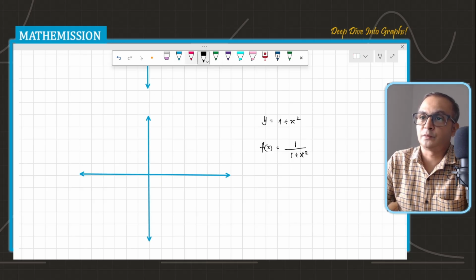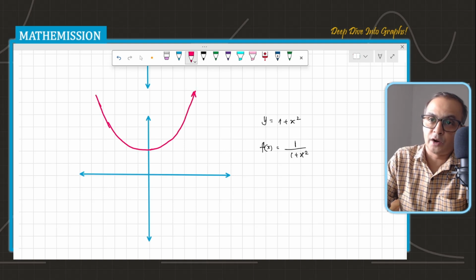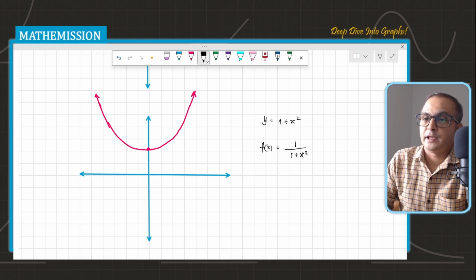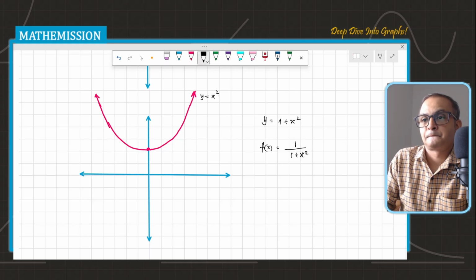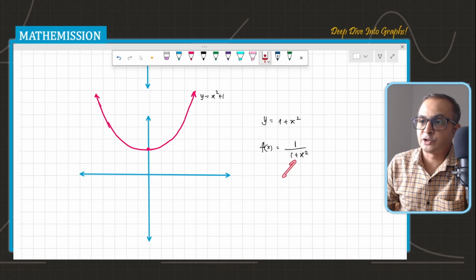You know, the graph of 1 plus x squared is a graph of an open upward parabola which is shifted 1 unit above the x-axis. So this is the graph of x squared plus 1. And you can notice that there is no such point at which this denominator is going to be 0. So there is no such asymptote we have.